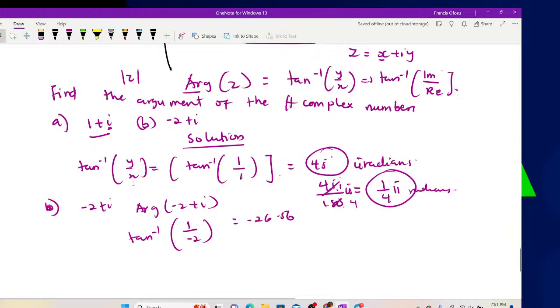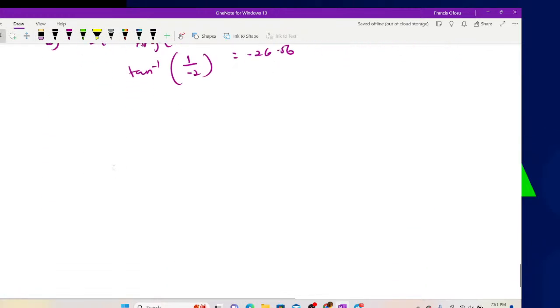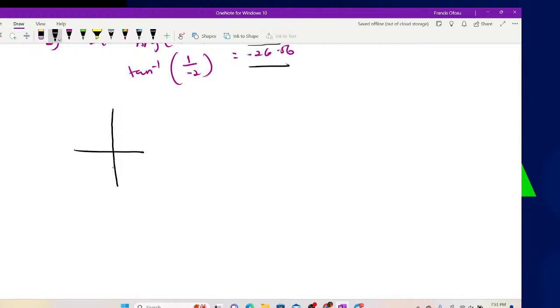So let's see. Whenever you are given a complex number to find the argument, this is the negative angle we got. If you are given any complex number to find the argument, it's advisable to represent it on the Argand diagram first, so that you can effectively find its argument. So this is the imaginary and this is the real axis.